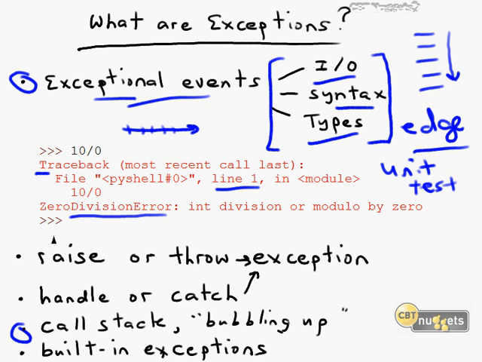Some additional vocabulary that we need to be aware of are the following terms. When Python has an exceptional event happen, this is called throwing an exception or raising an exception. Now, you could really further differentiate these terms. Raise specifically is something that we as a programmer might invoke to make sure that exceptions occur on our terms.